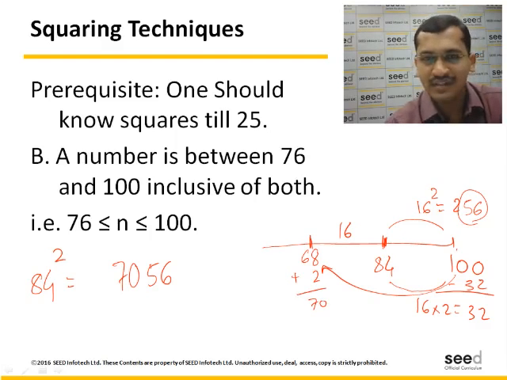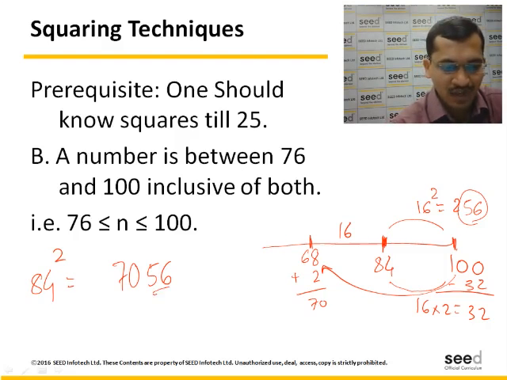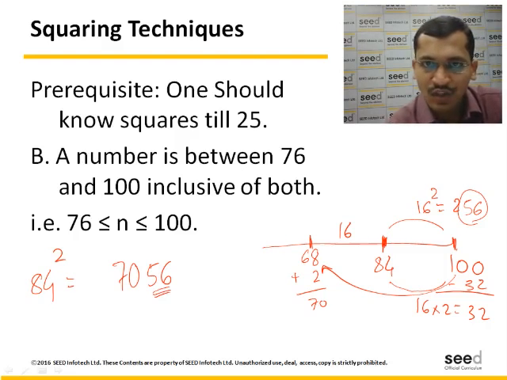I'll repeat it here itself. Now I have to calculate 84 square. On a number line, 100 is here, 84 is here. The difference is 16. Square it. So 16 square is 256. Take the last two digits, 56. They form the last two digits of the square. Correct?